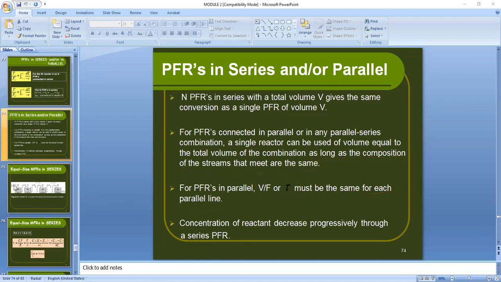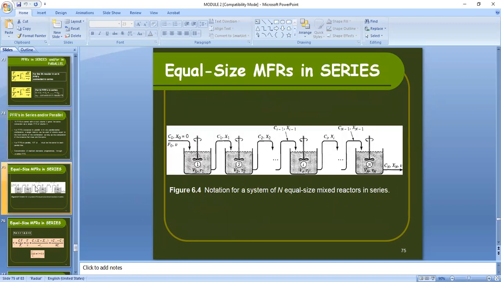Let's go to MFRs. Equal-sized MFRs in series. I think you know fully well the representations here in terms of concentration, conversion, molar feed rate, and volumetric flow rate. The concentration and the conversion of the stream leaving a particular reactor is labeled by the number of that reactor.